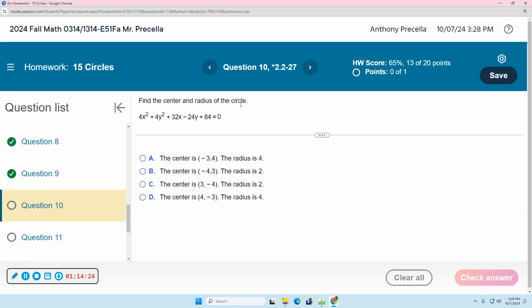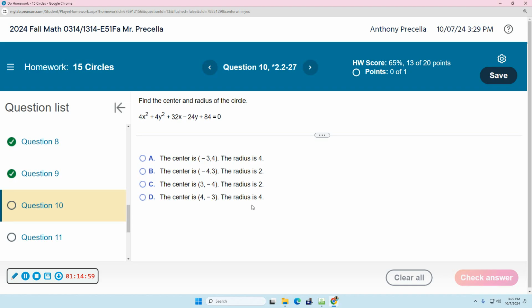Here, oh, we're not graphing here. We're just told to find the center and the radius of the circle. And let me write down the equation. Remember, I said the leading coefficient needs to be a 1. We need a 1x squared and a 1y squared for this little recipe of ours to work.